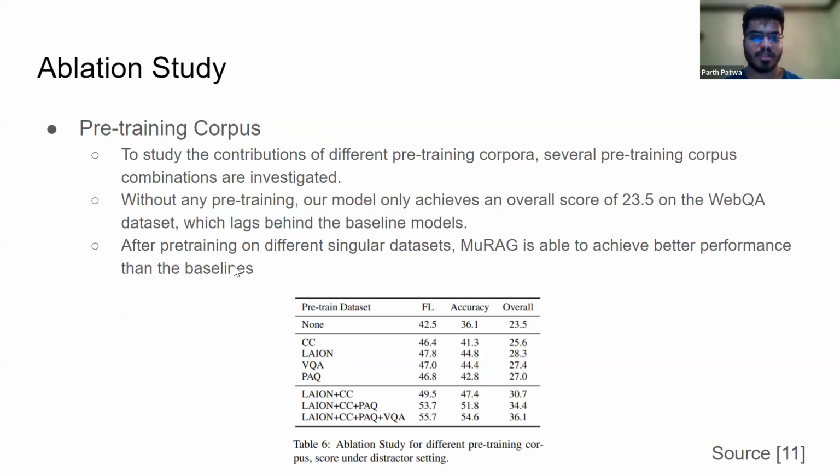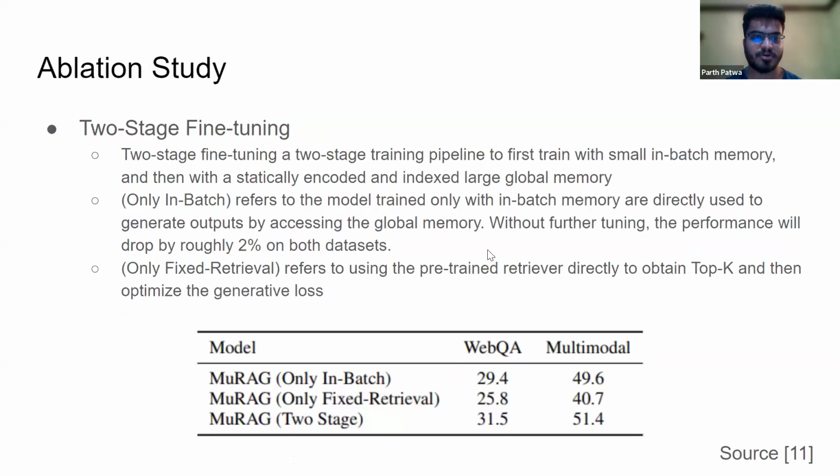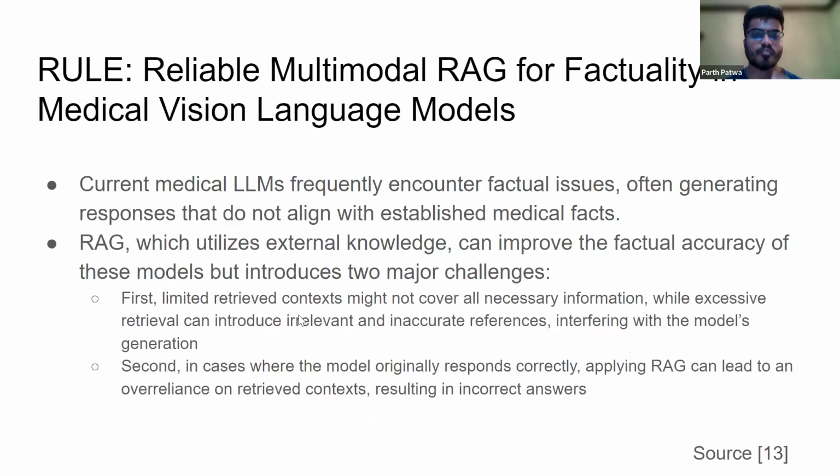After pre-training, MuRAG has better performance. And lastly, they propose a two-step fine-tuning where we take the in-batch memory and the fixed retriever memory, and having both the stages is better than having either of them independently.